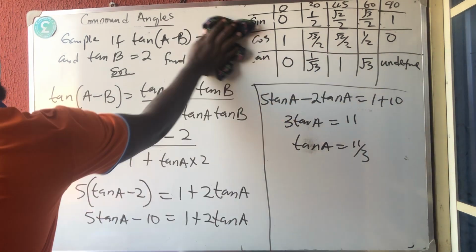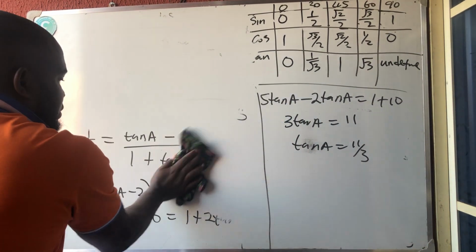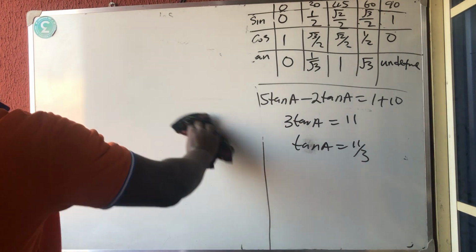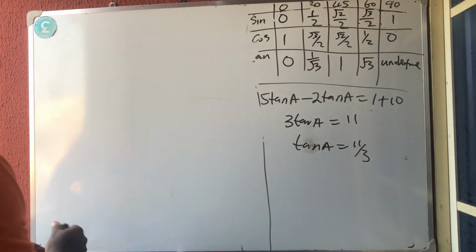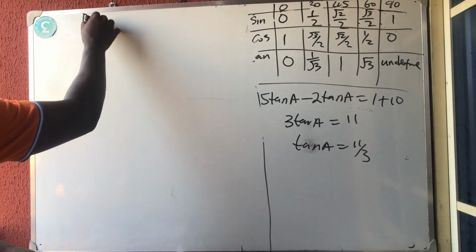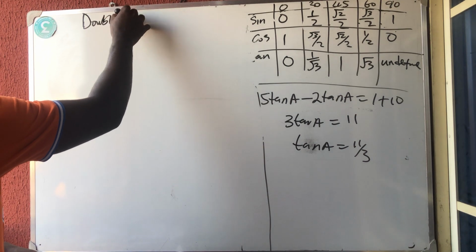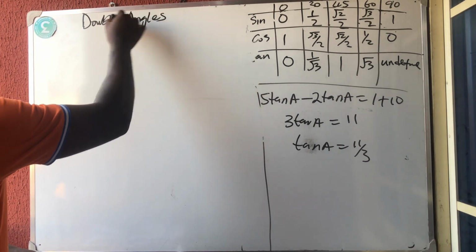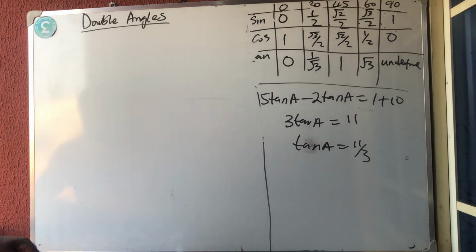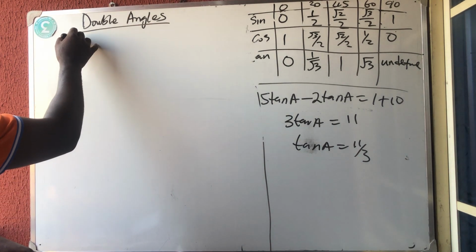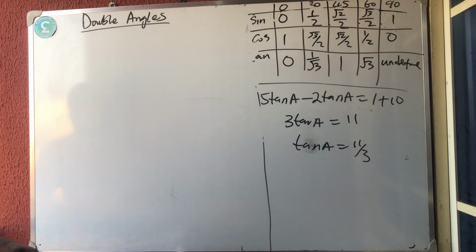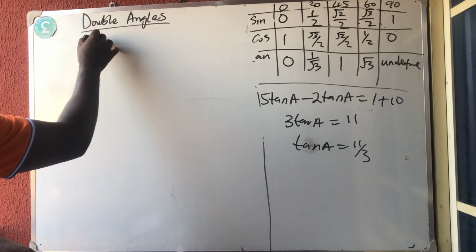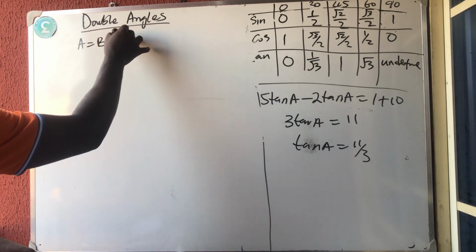Let's look at double angles. Now for double angles, it means that A is equal to B, which is equal to theta.